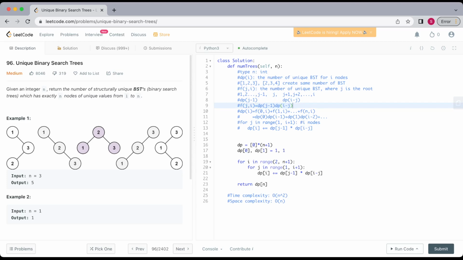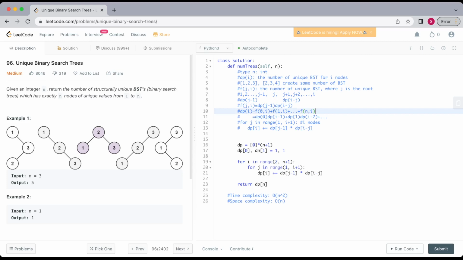Then we will have dp[i] equals f(1, i), which means node 1 as the root, plus f(2, i), which means total node number is i and node j, which is 2, as the root, until f(n, i).